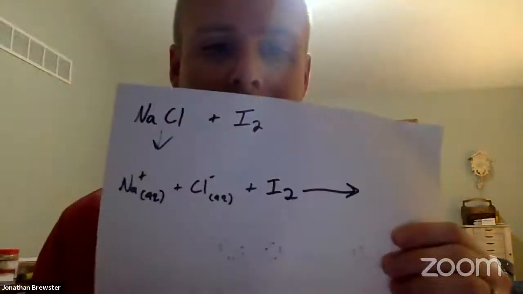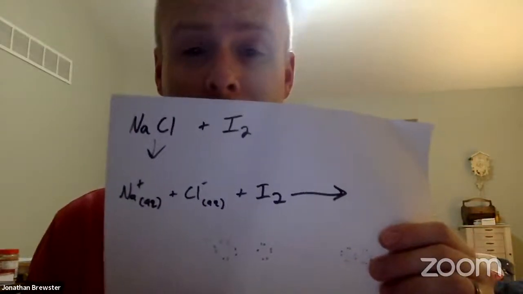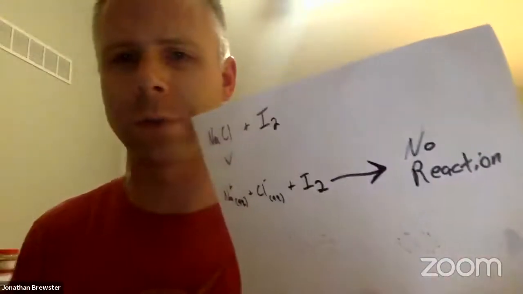Now, when you say the reaction that's going to occur, at least in organic chemistry, I haven't looked at what they're wanting to put for this rubric. Let's just say no reaction or something like that, because the reverse reaction is not going to occur.